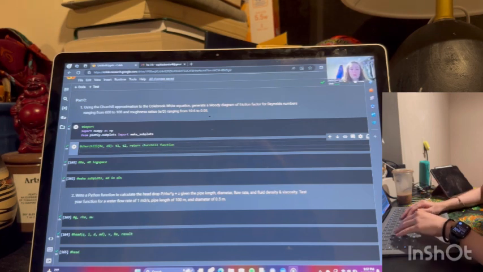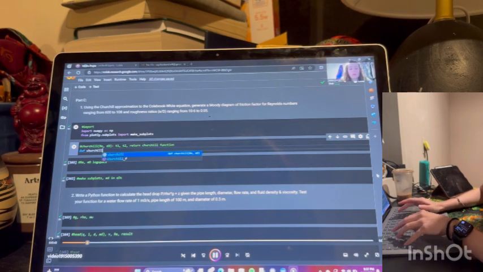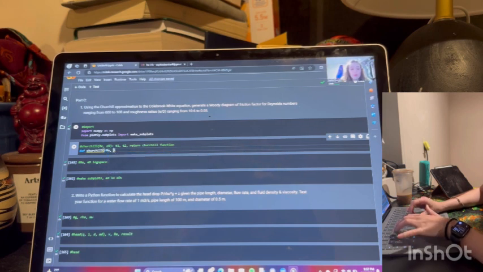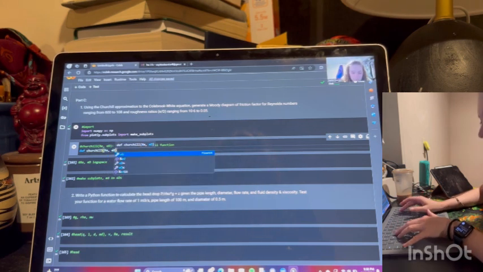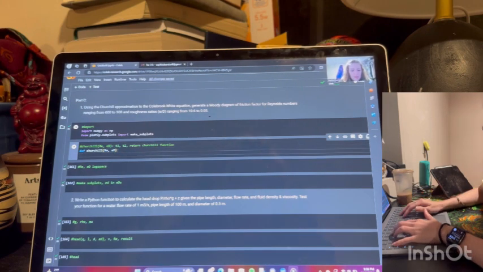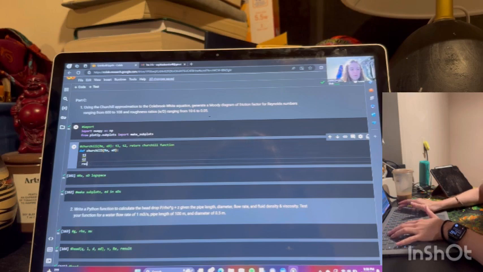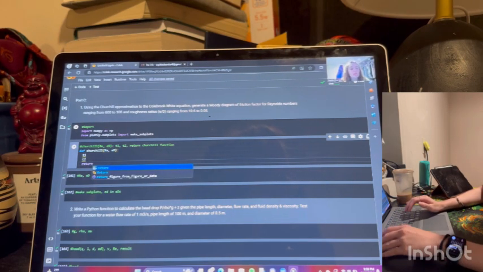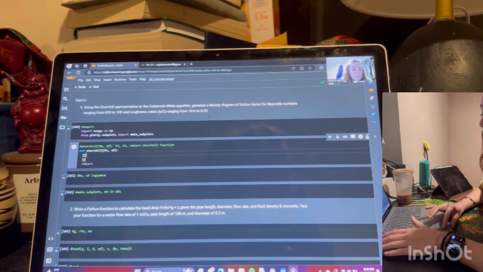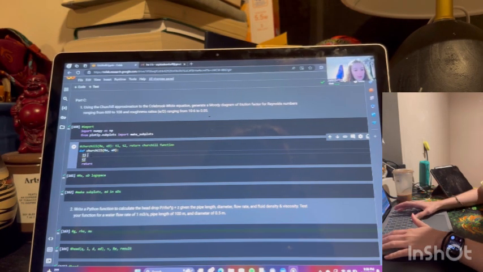Then we're going to define our Churchill function with RE and ED. That's going to be using T1, T2, and then we're going to have a return using the Churchill F equation.